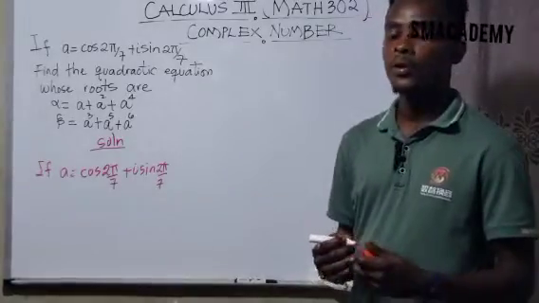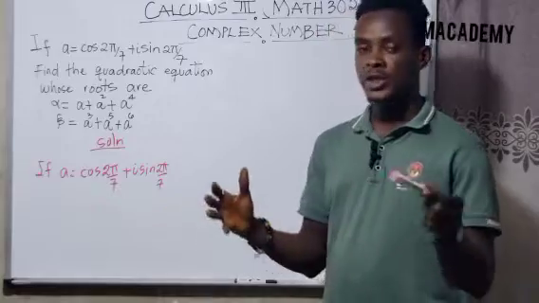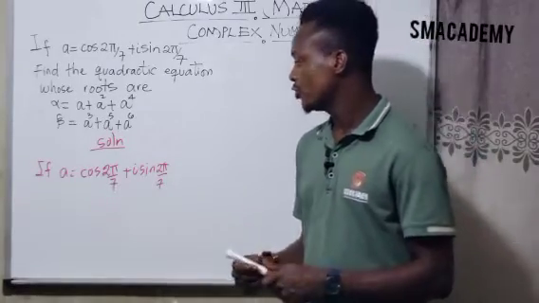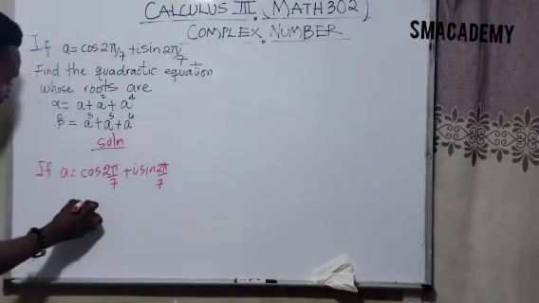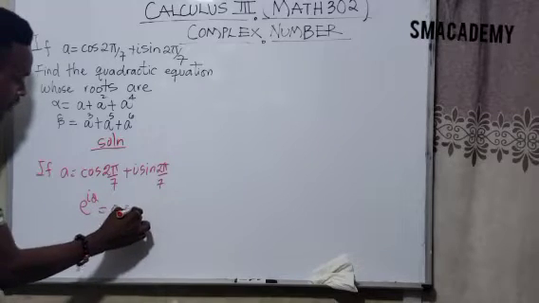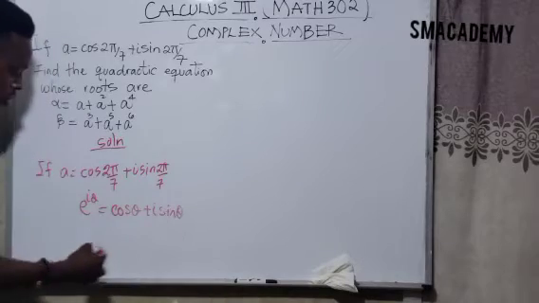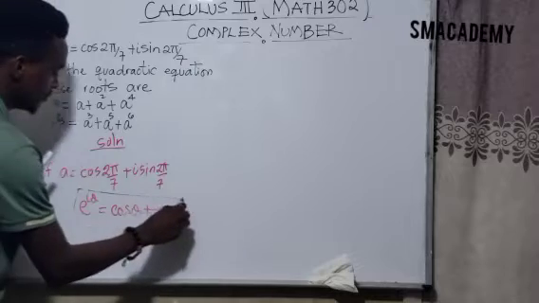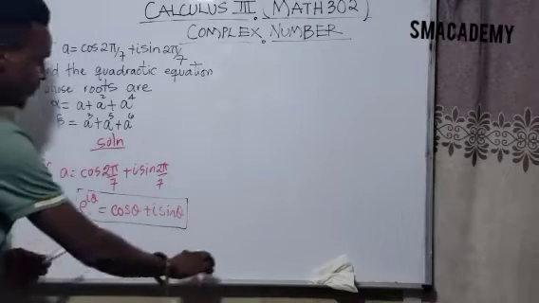If you can remember, the relationship between an exponential equation and a trigonometric equation is called Euler's formula. Euler's formula says e raised to i theta should be equal to cos theta plus i sin theta. So we use this Euler formula to find our value of a.